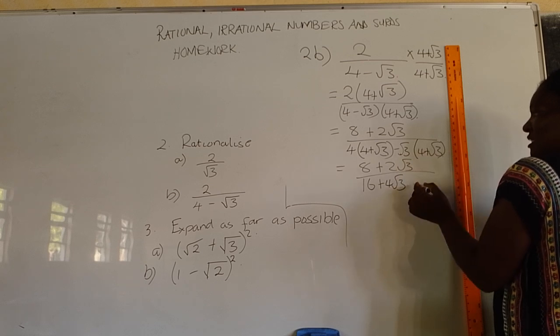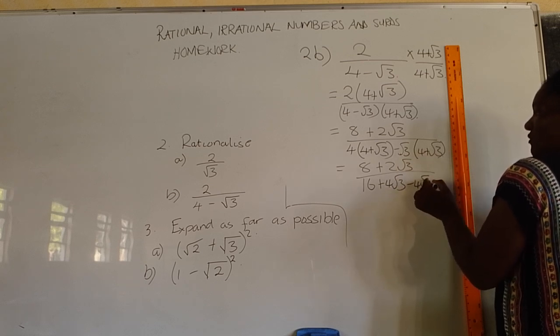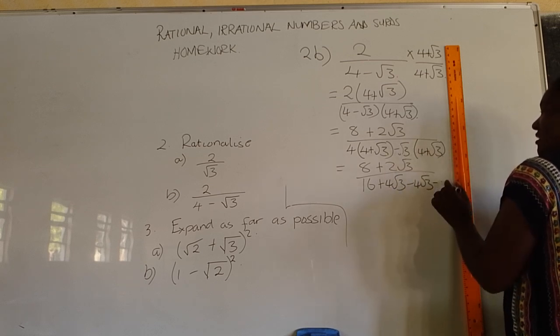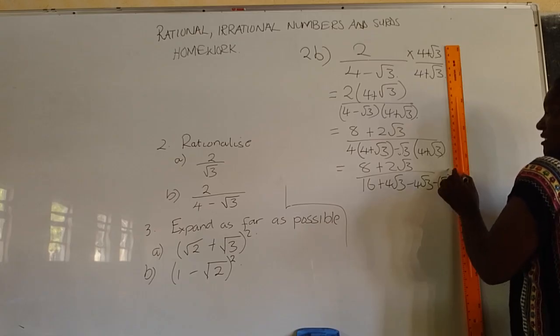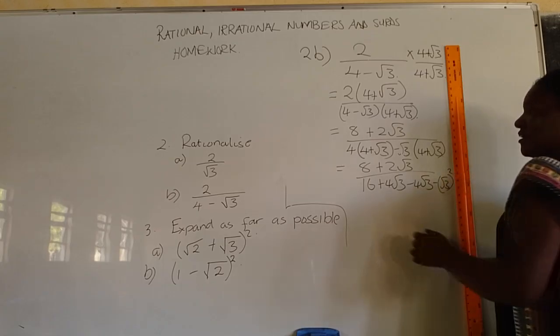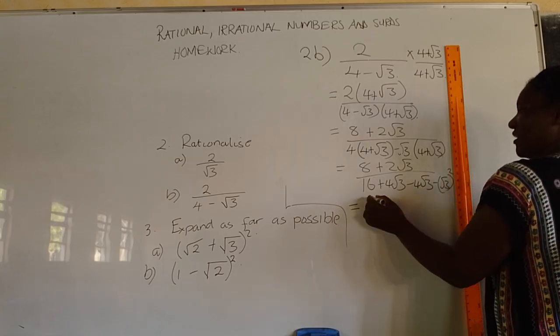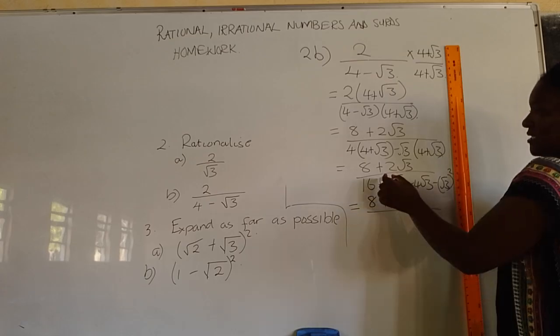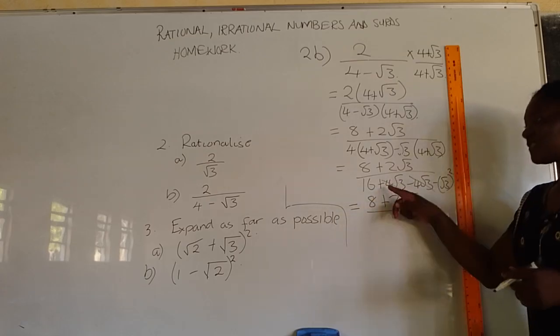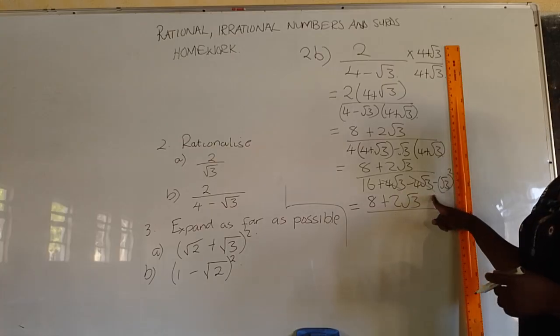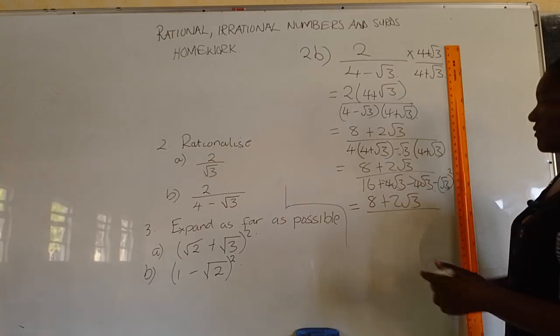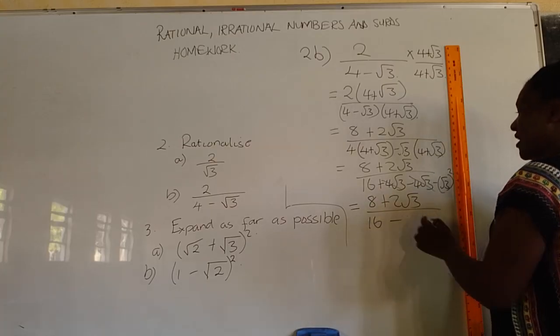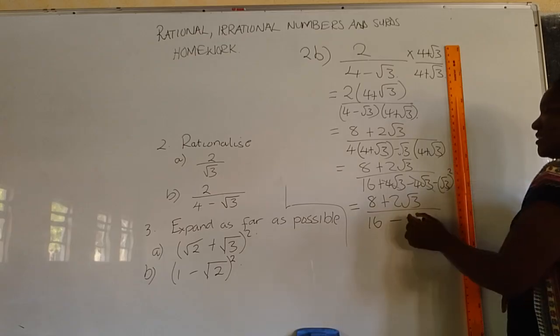Root 3 times this minus 4 root 3 minus root 3 squared. Right? Then 8 plus 2 root 3. These two are like terms. Plus 4 root 3 minus 4 root 3. It's the same. So we are now left with 16 minus root 3 squared. It's 3.